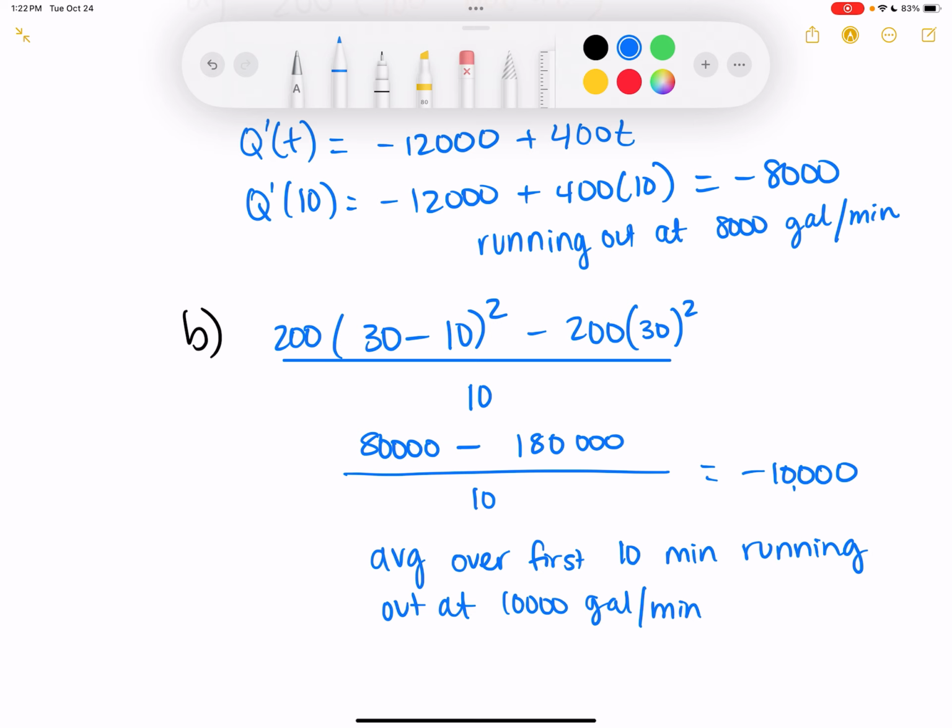But on average, during the first 10 minutes, it was running out at 10,000 gallons per minute. So this was at 10 minutes, and this was over the first 10 minutes, the average that it was running out. Let me fix this on my paper really fast so that it's not confusing.